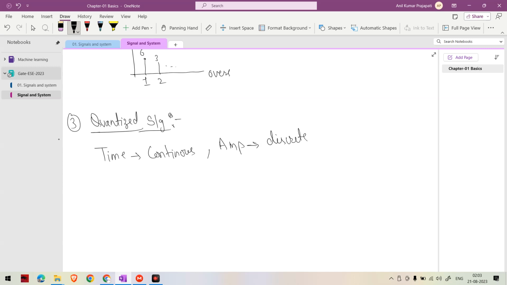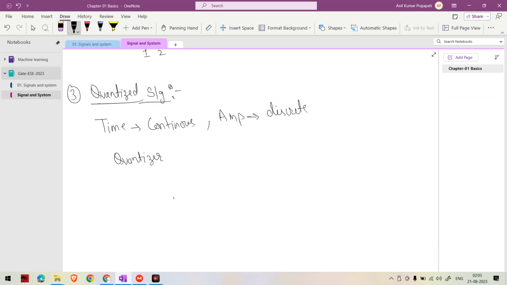There is a device called a quantizer which does this task. For example, if I draw a signal which is continuous in time but discrete in amplitude, it will look like this.